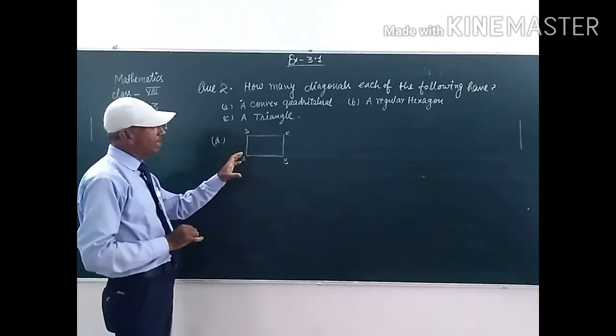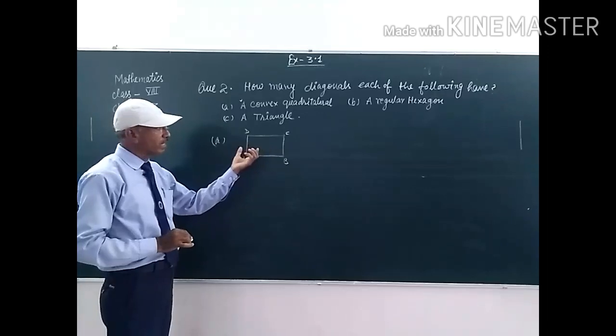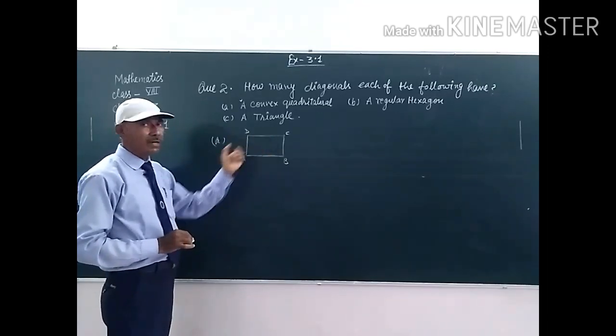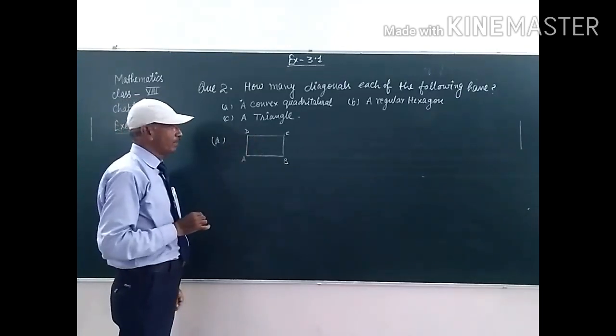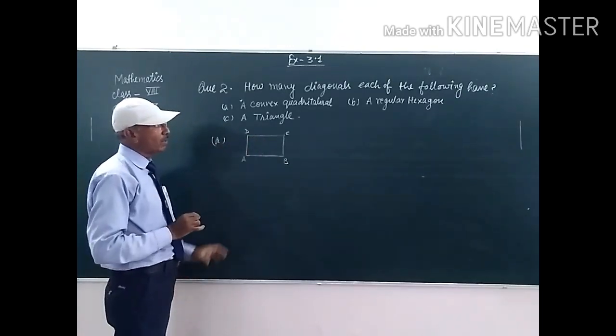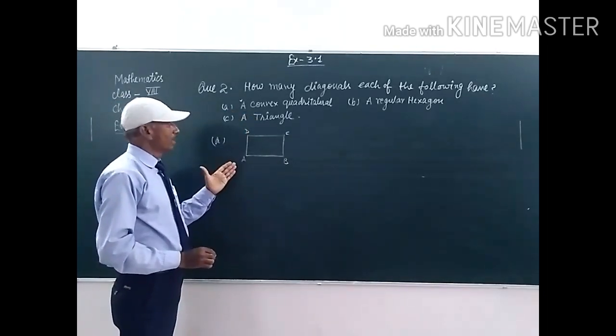Four-sided figures are called quadrilaterals, and it is a convex quadrilateral because all the diagonals are interior to the figure. Therefore, it is a convex quadrilateral. So now we have to find out the number of diagonals. What are diagonals?